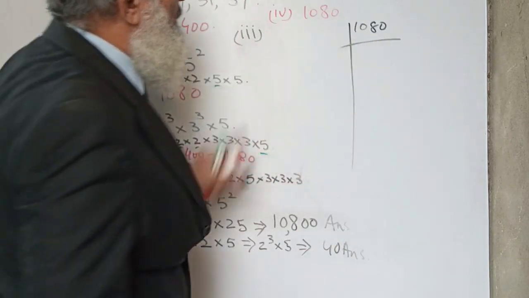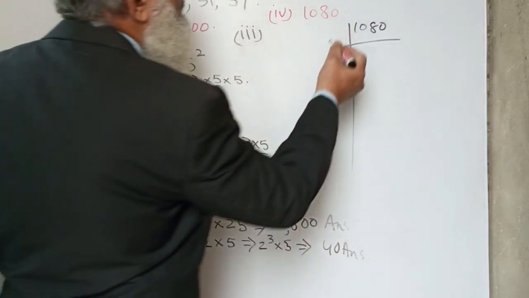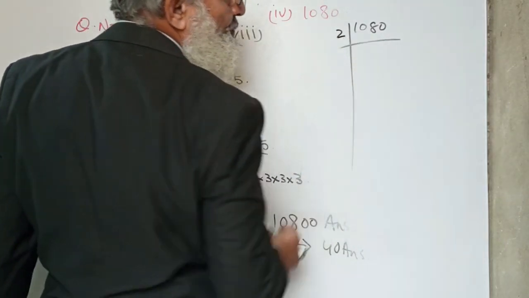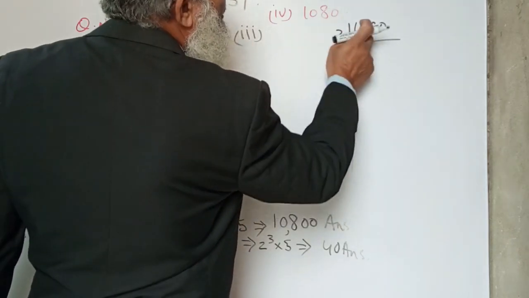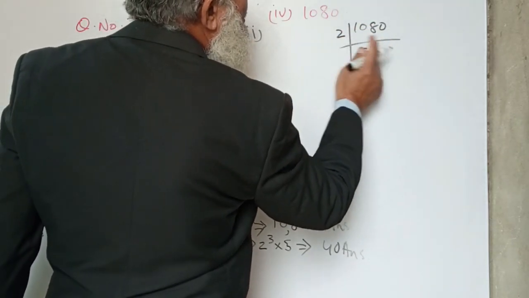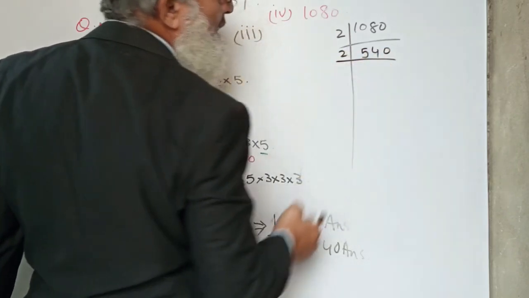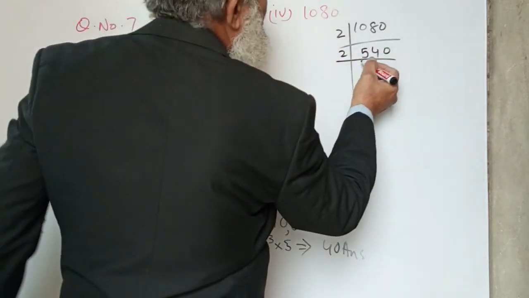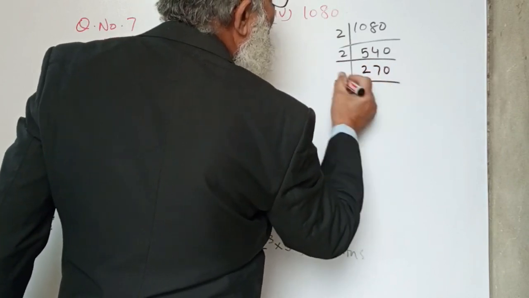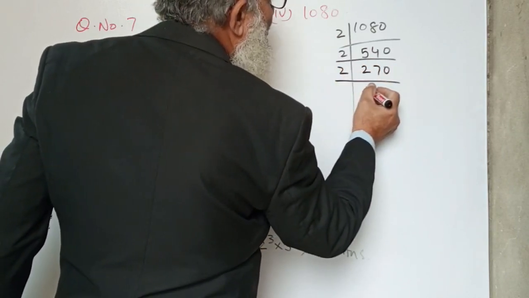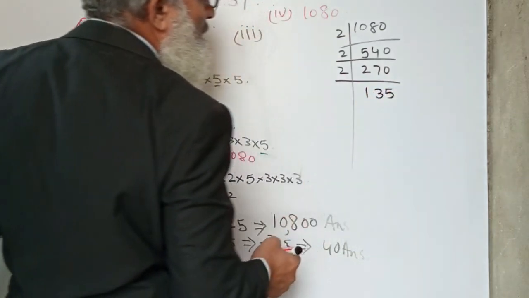With a vertical line and horizontal lines, we start with the smallest prime number, and that is 2. 2 5s are 10, 2 5s are 10, 2 4s are 8 and 0. Proceed as it is: 2 times 7 is 14, 2 times 1 is 2, 2 times 3 is 6, 2 times 5 is 10.